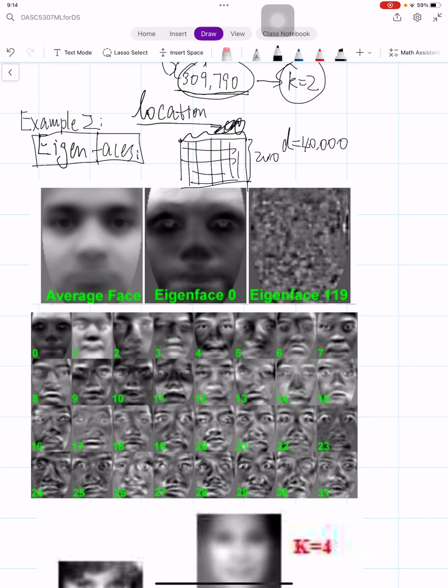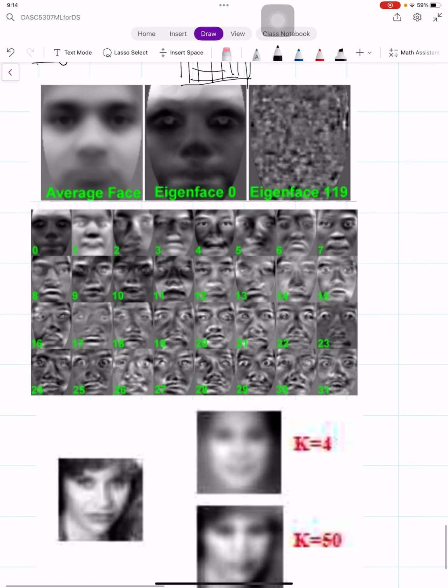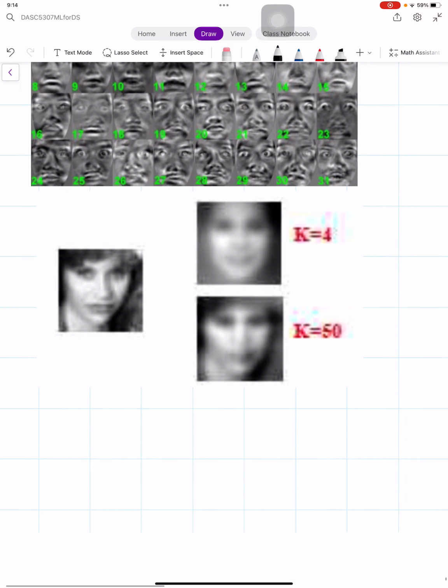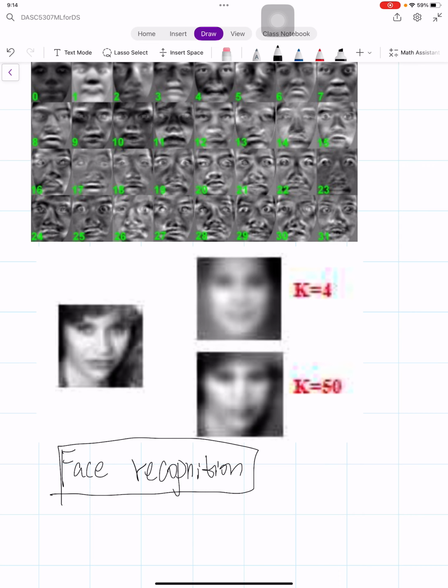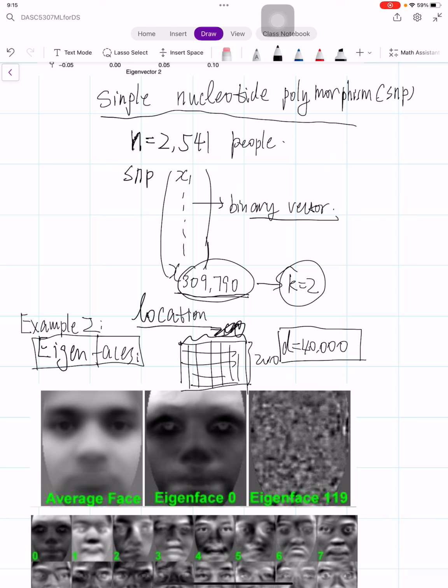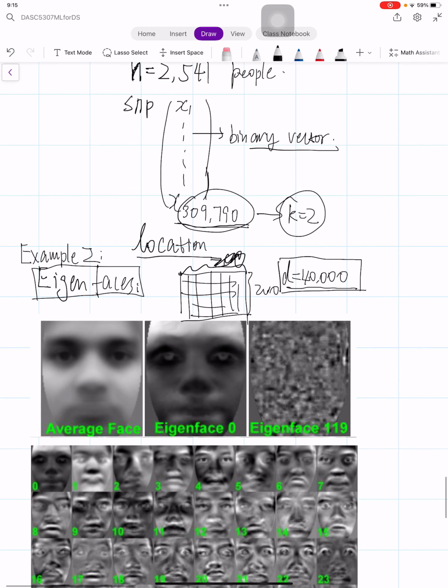So in the original feature space, we had 40,000 features. The goal of this research is face recognition. Because we have the huge dimension of the features, how do we run some classical method to identify the people from the picture?